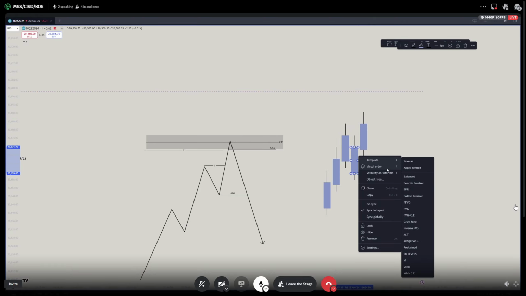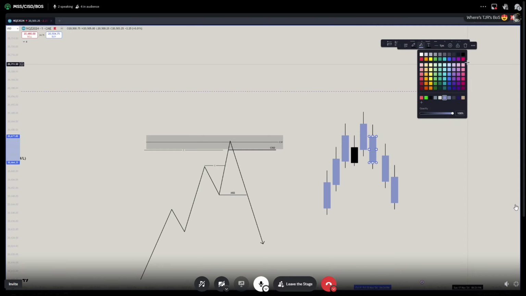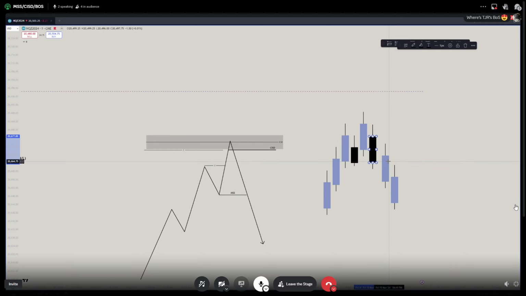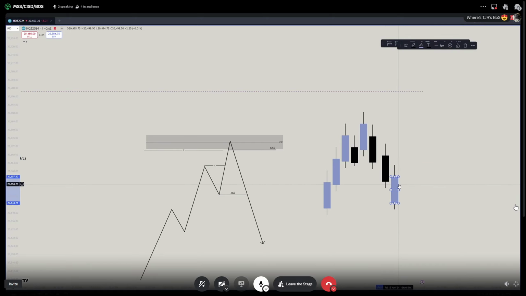And then we'll come down like this. This black here. So blue is bullish, black is bearish. And we'll go over what this change in the state of delivery is.